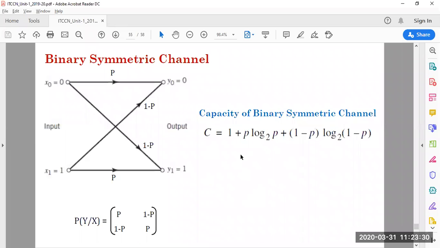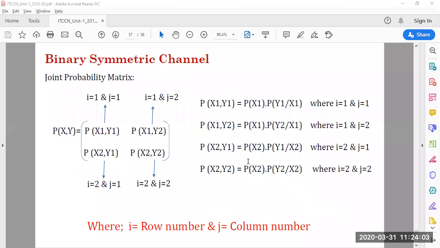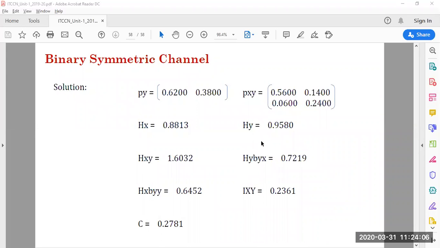So consider P as either, and capacity is 0.2781. Correct.